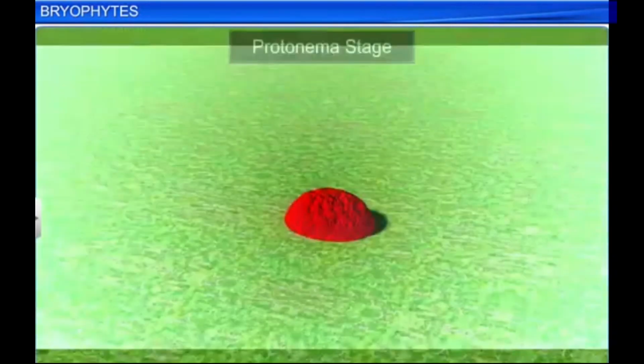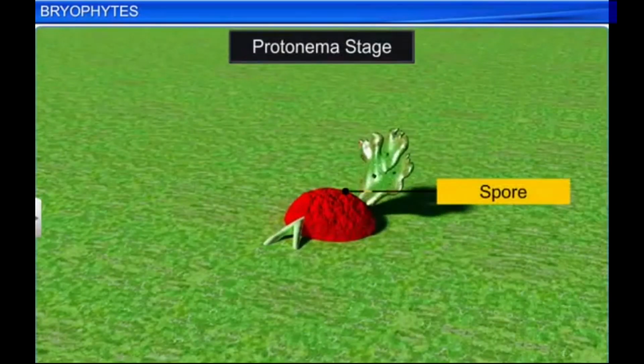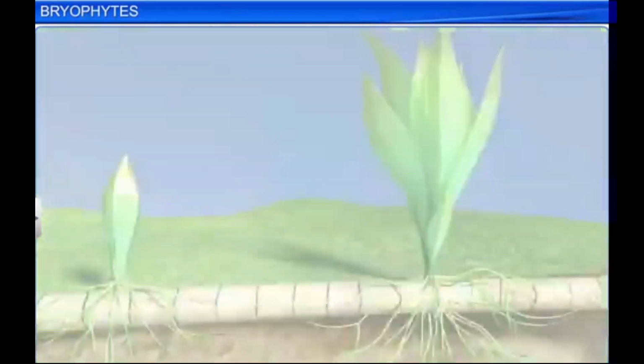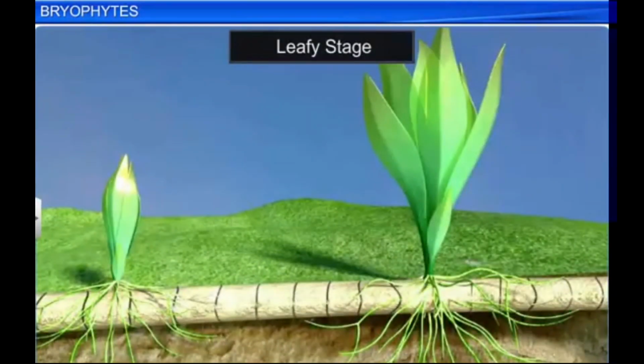In the Protonema stage, the spore develops into a protonema, a thread-like chain of cells. The protonema is creeping, green, branched, and filamentous. The second stage is the leafy stage, where the primary protonema develops into the secondary protonema as a lateral bud. The buds consist of upright, slender axes that bear spirally arranged leaves attached to the soil through branched rhizoids.